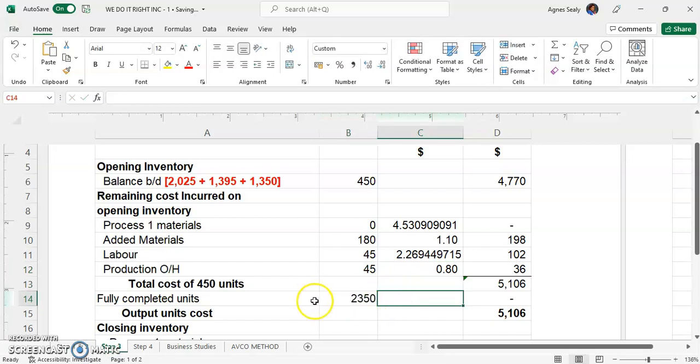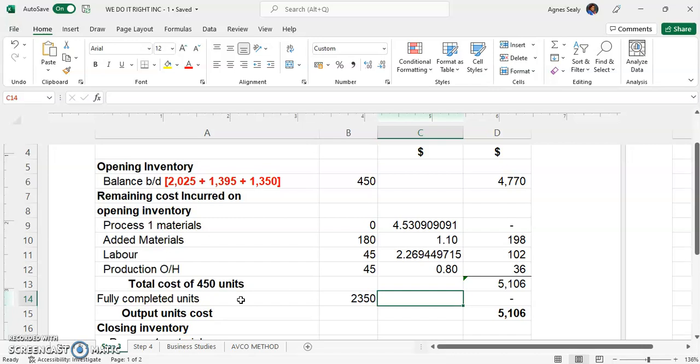And then, as stated previously, we need to use the total equivalent cost per unit to calculate the value of these fully completed units. Why do we need the total cost per unit to calculate the value of these fully completed units?